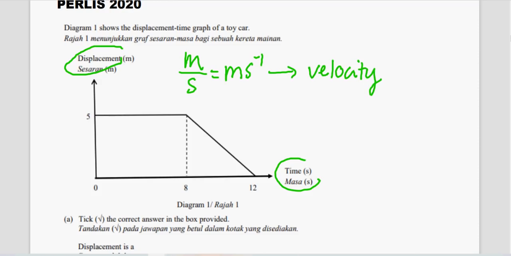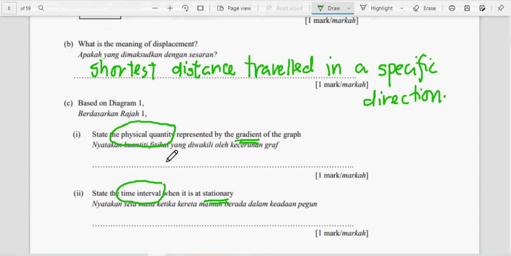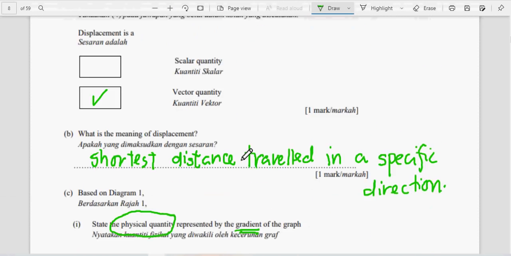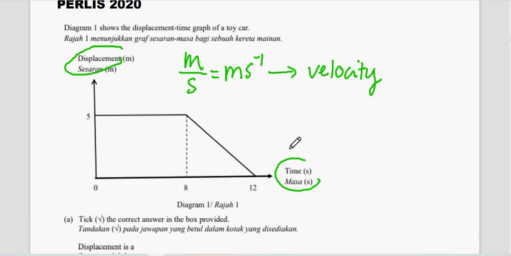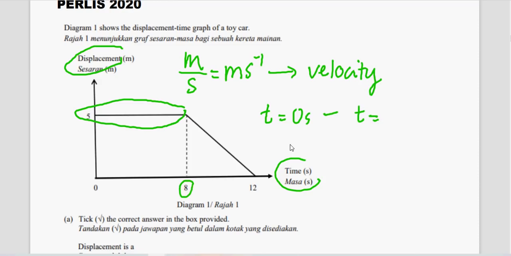And at which time interval is the object stationary? Stationary means it will be at the same displacement all the time. So this is when the object is stationary. So your answer will be from t equals 0 second until t equals 8 second.